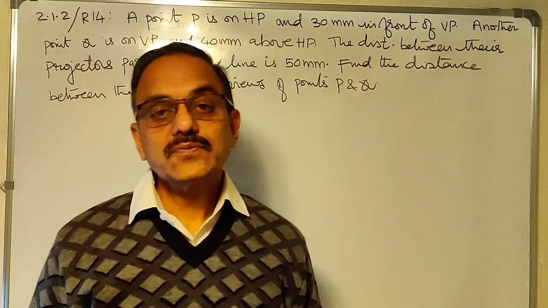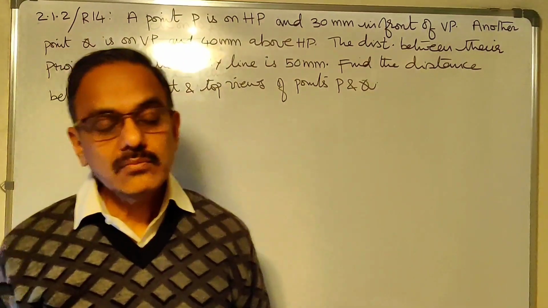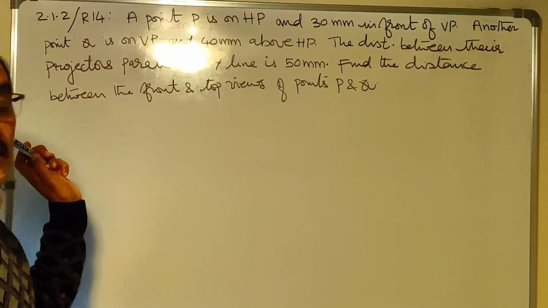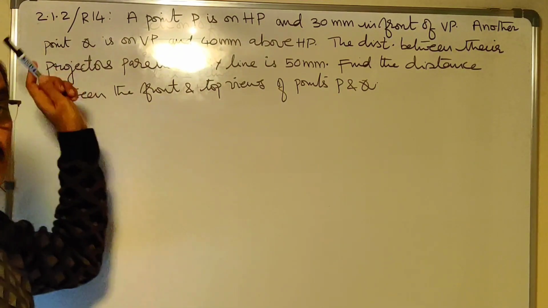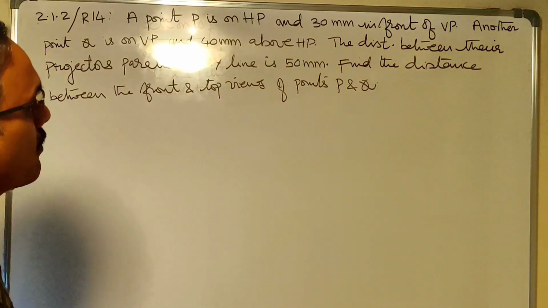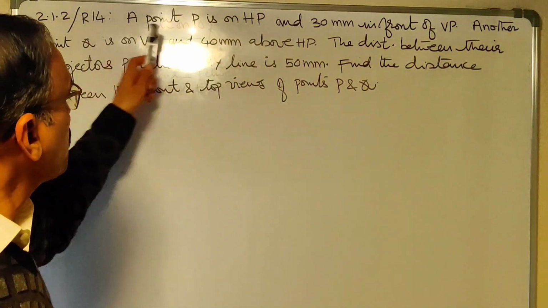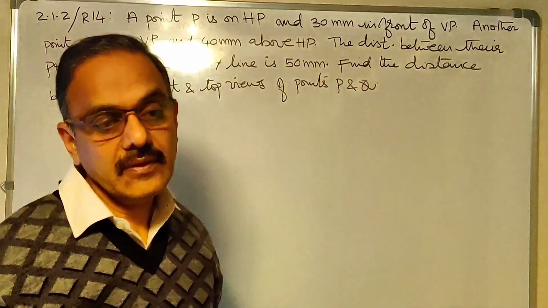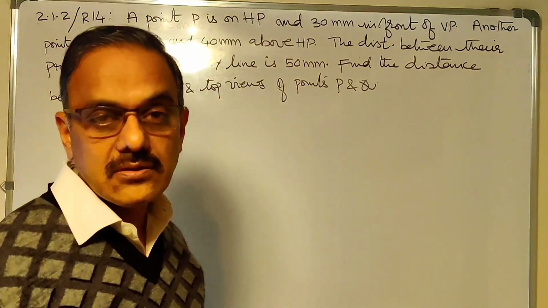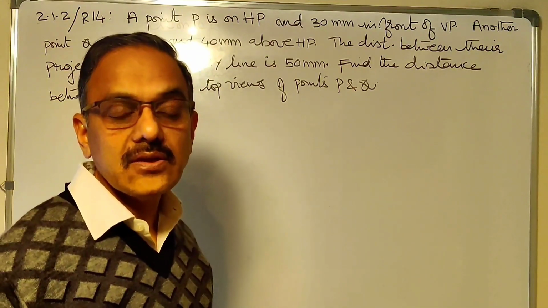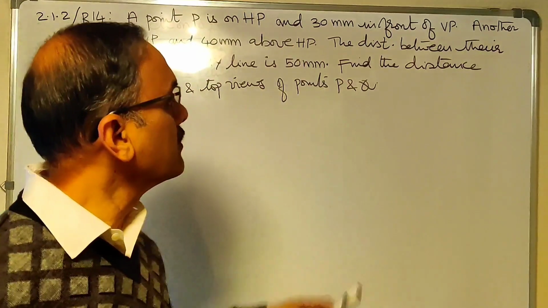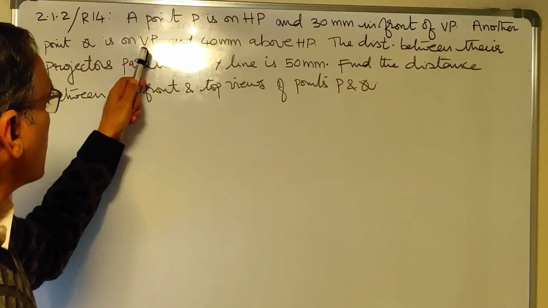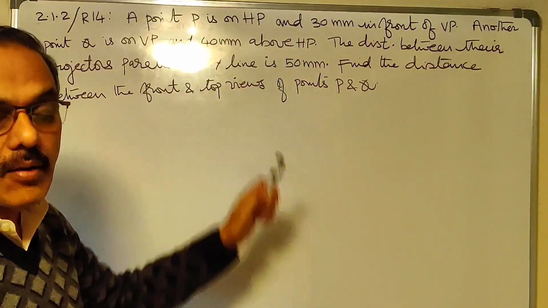Okay students, let us move to the second problem of drawing number 2. The problem number is 2.1.2 and the reference number from the VTU primary is 14. The problem goes like this. There is a point P which is on HP and 30 mm in front of VP. And also there is another point Q that is on VP and 40 mm above HP.